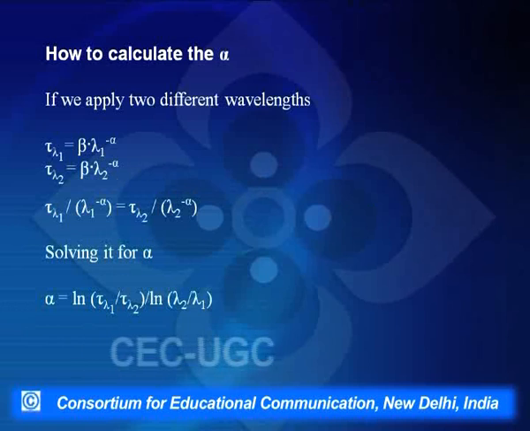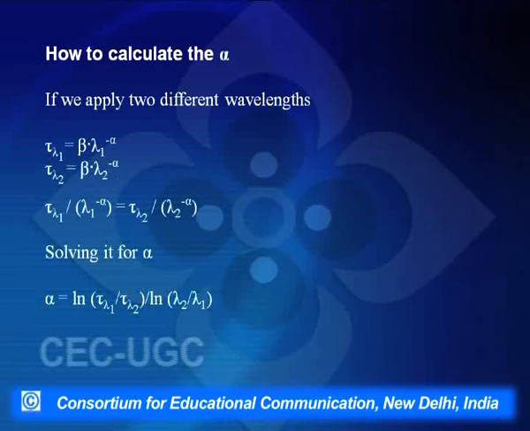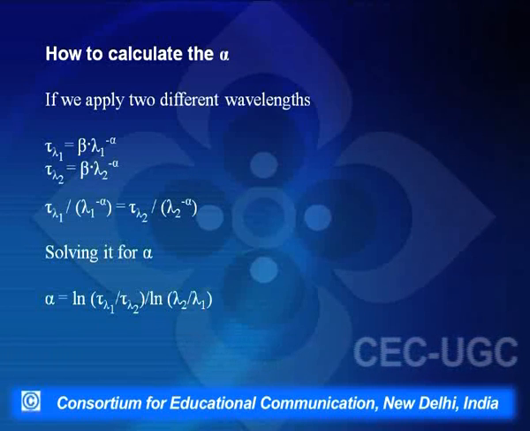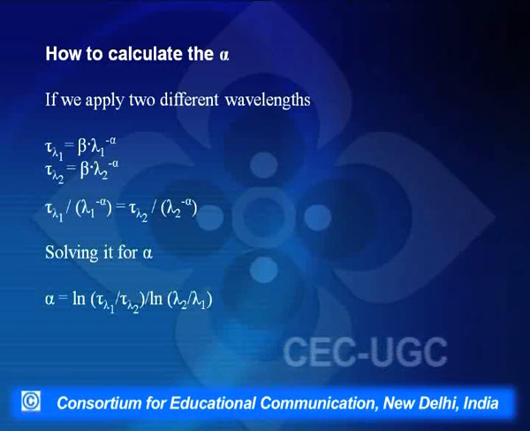How can this alpha and beta be calculated? Alpha can be calculated when we employ two different wavelengths. Suppose we are employing one wavelength, lambda 1, so we will have one equation, that is tau lambda 1 is equal to beta multiplied by lambda 1 to the power minus alpha, and similarly tau lambda 2 is equal to beta multiplied by lambda 2 to the power minus alpha.